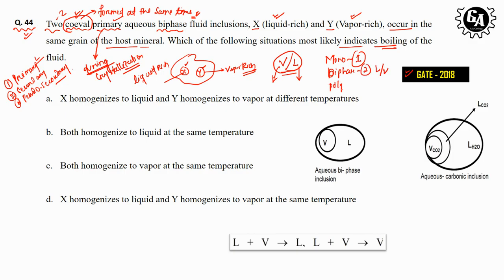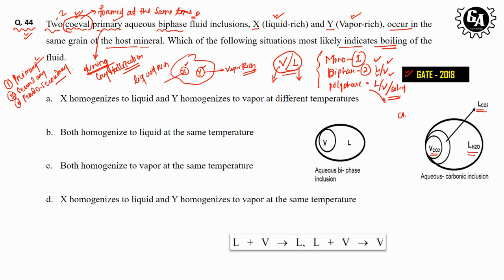Polyphase means liquid, vapor, and some solid daughter crystal may be there in a fluid inclusion if it is highly saturated or supersaturated with something. Another thing: you can have liquid H2O, vapor carbon dioxide, and liquid carbon dioxide.